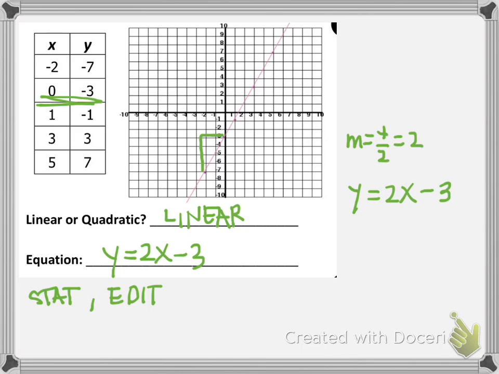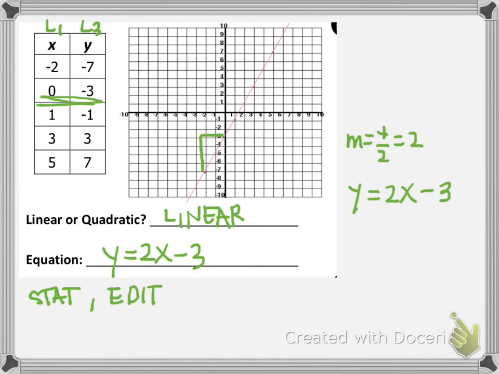Top of my calculator says line 1 at the top, and mine says line 3 for some reason at the other column. You'll input each one of those values, so -2, 0, 1, 3, 5 in that first column. Then go over and type in your -7, -3, -1, 3, and 7.